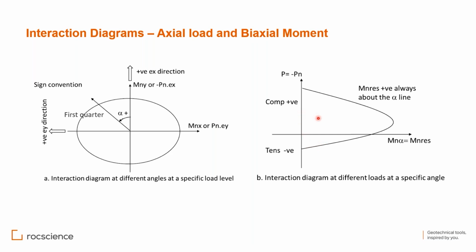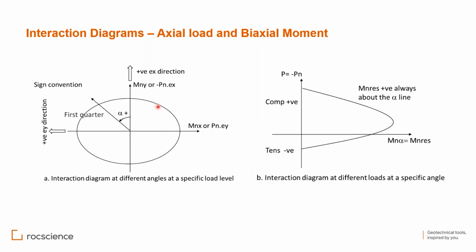If you have uniaxial bending moment, then alpha is either 0 or 90 degrees. But what happens if I want to see the moment capacity around all alphas, but for a certain load? So I define the interaction diagram for a specific load and for different alphas.